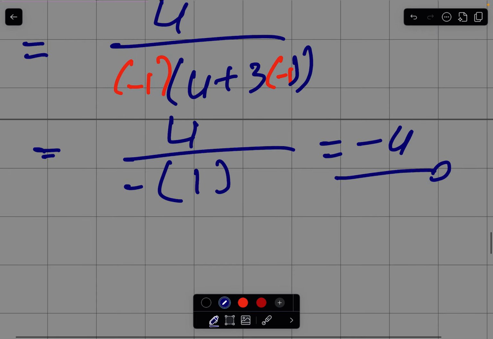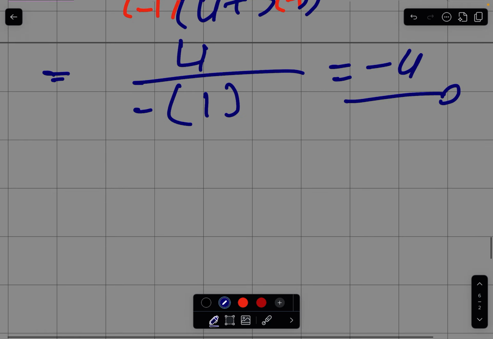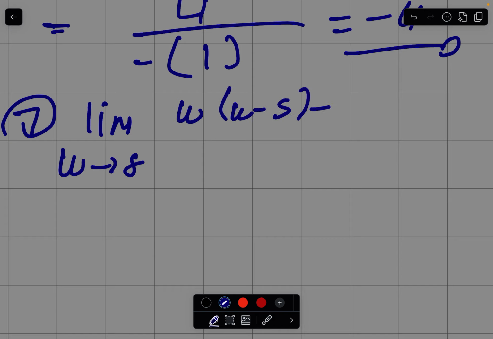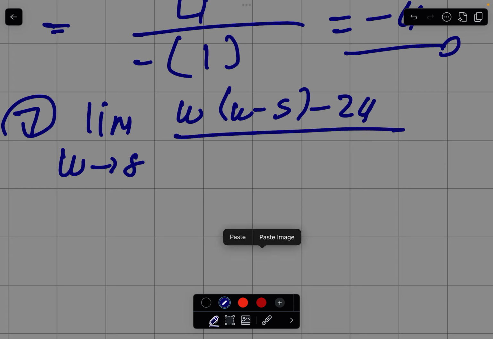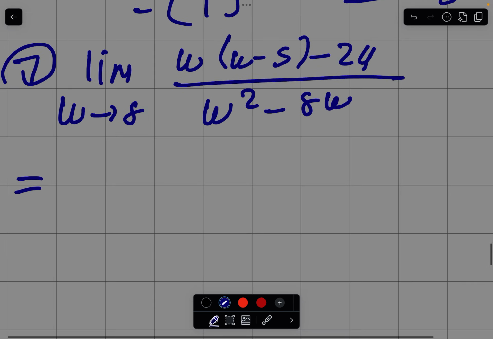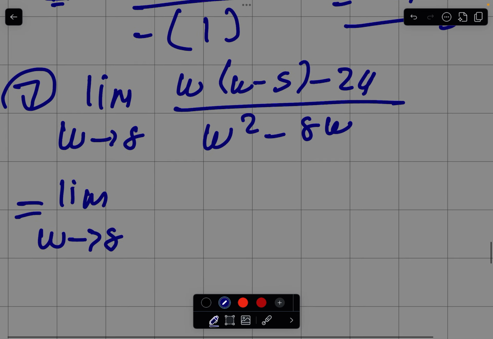So let's check our next question. Our next question is number 7, which is the limit as w approaches 8 of w times w minus 5 minus 24, all divided by w squared minus 8w.